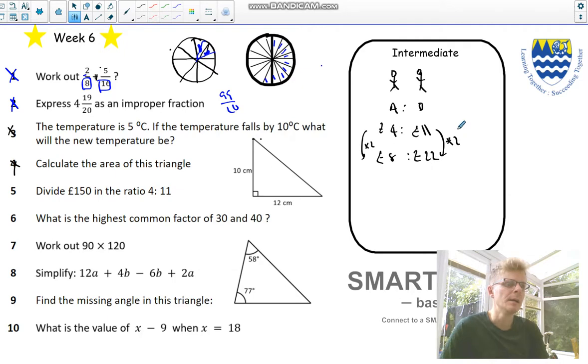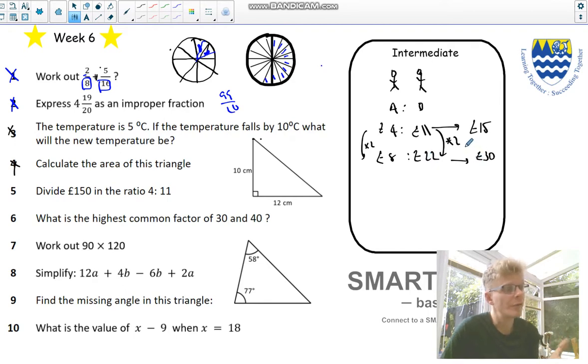Okay. The important thing to remember here, though, is that the initial ratio is worth £15. Okay. Now we saw that if I took 2 lots of that ratio, it's of course now worth £30 because I double both quantities. Okay, and 8 add 22 is 30.